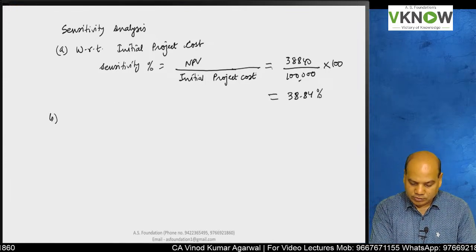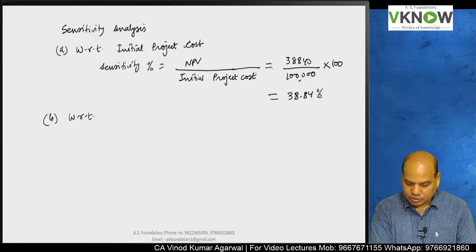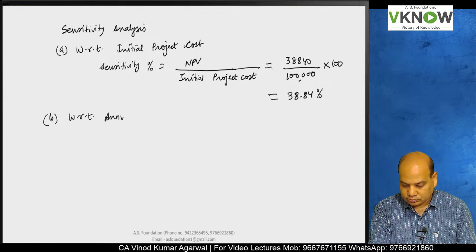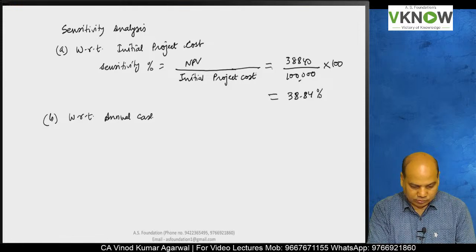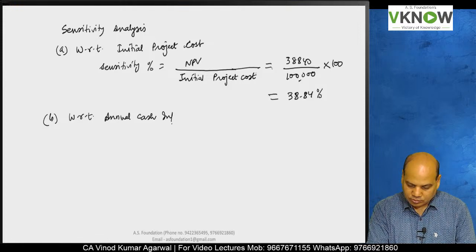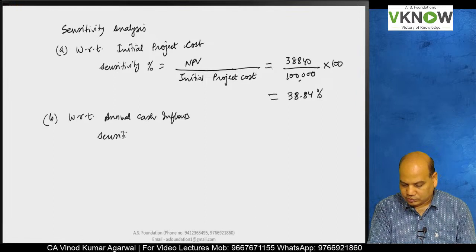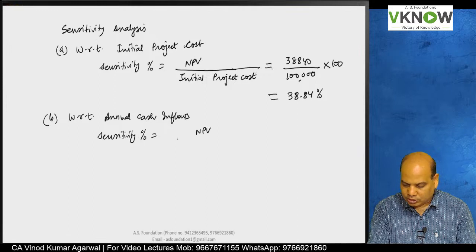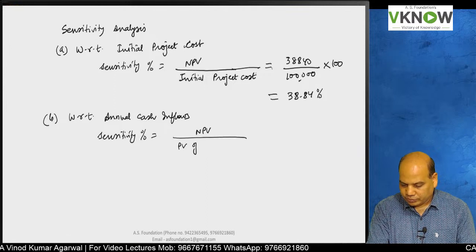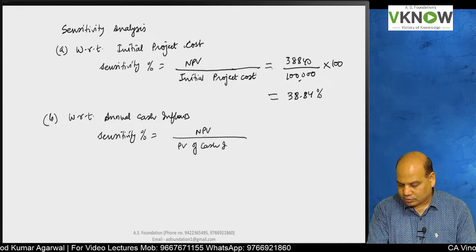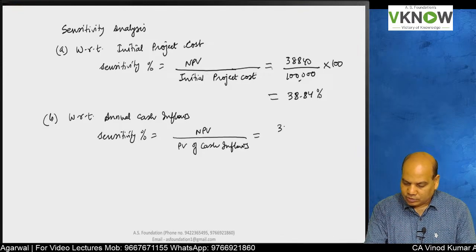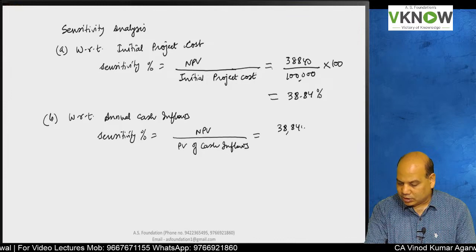And then write down B, with respect to annual cash inflow. Sensitivity percentage equal to NPV upon PV of cash inflows. Format should be designed in such a manner that you are able to get all the numbers in that format.